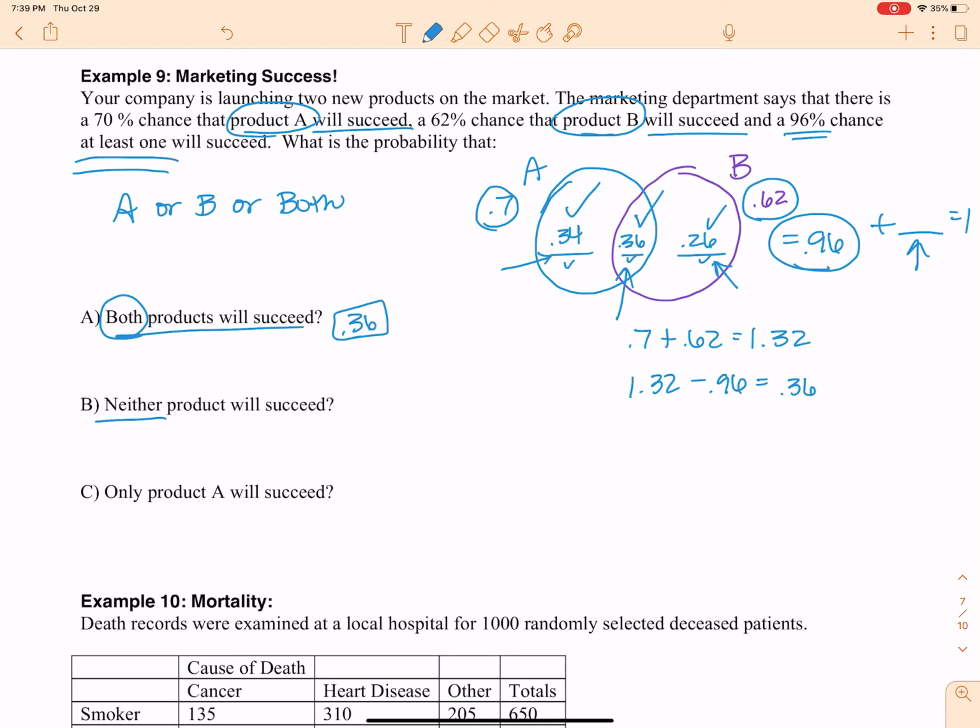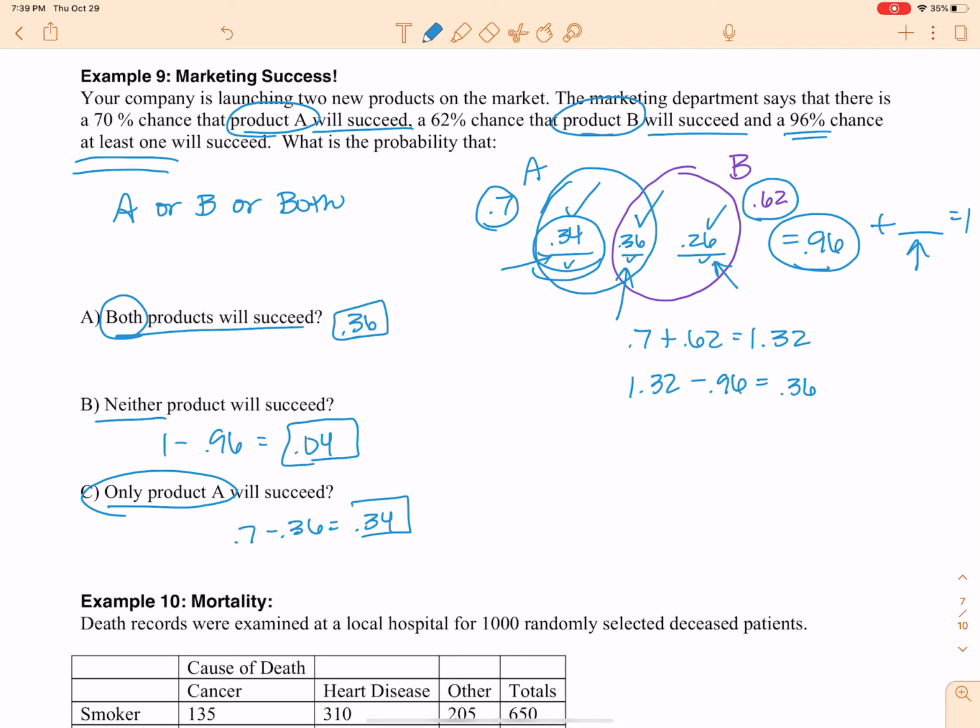So if I want the probability neither will succeed, I've just got to subtract 0.96 from 1, and I get 0.04. All right, C, only product A will succeed. Well, I already found that. It's 0.34. So 0.7 minus 0.36 equals 0.34.